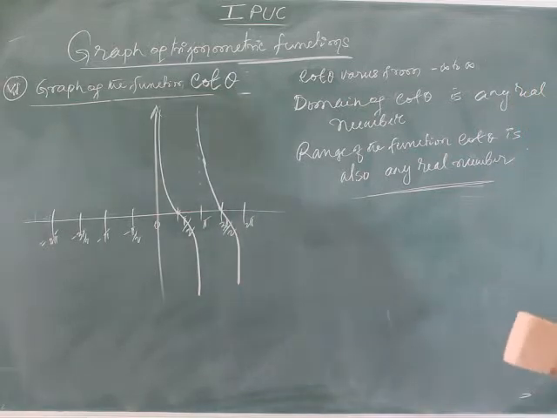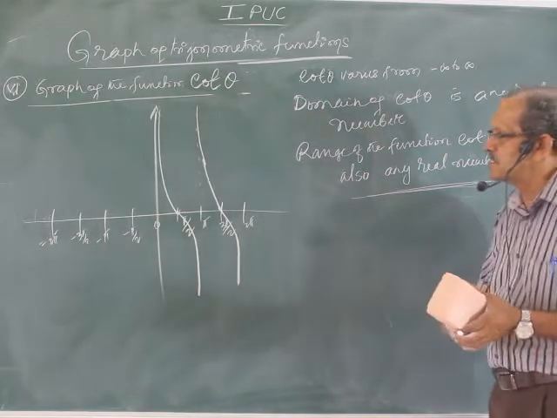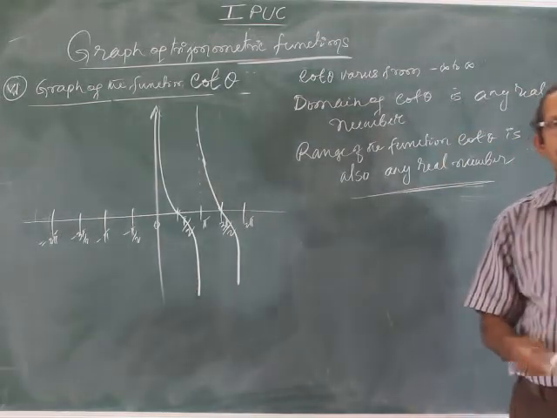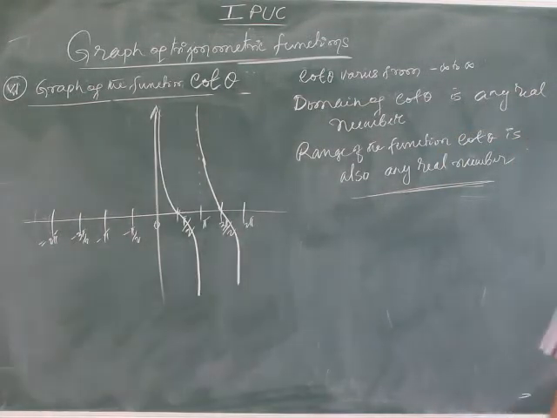Cosecant, secant, cot, that finishes all these things. Trigonometric ratios of 180 to 360 are over.